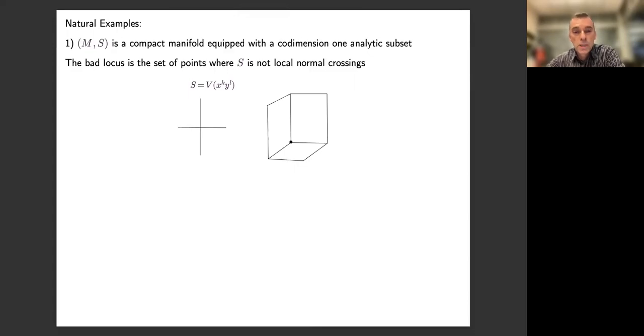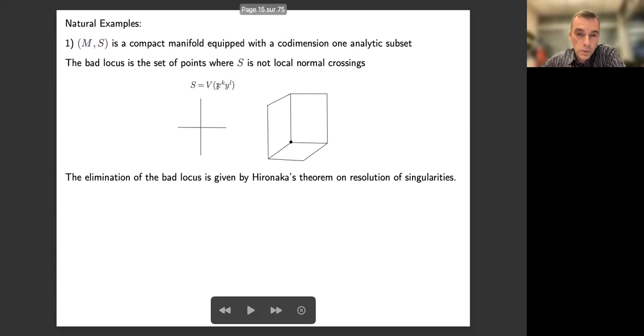By this, of course, I mean that locally you are not able to find coordinates where S is given by the zero of a monomial. And the elimination of the bad locus is the very well-known theorem of Hironaka on the resolution of singularities, which says that up to a finite number of blowups, you always arrive in this kind of local situation.